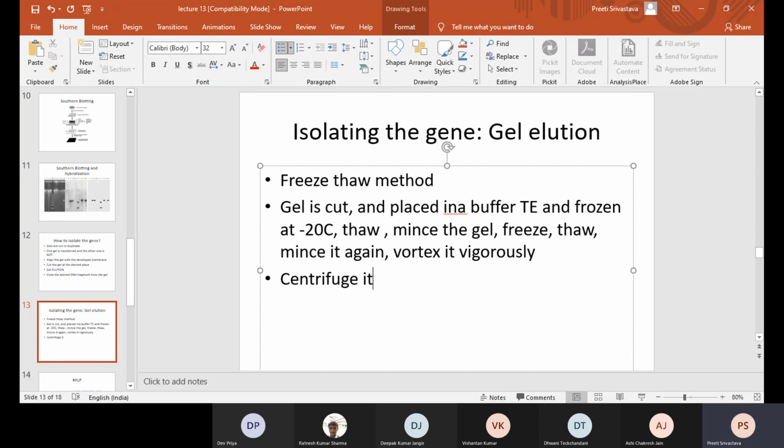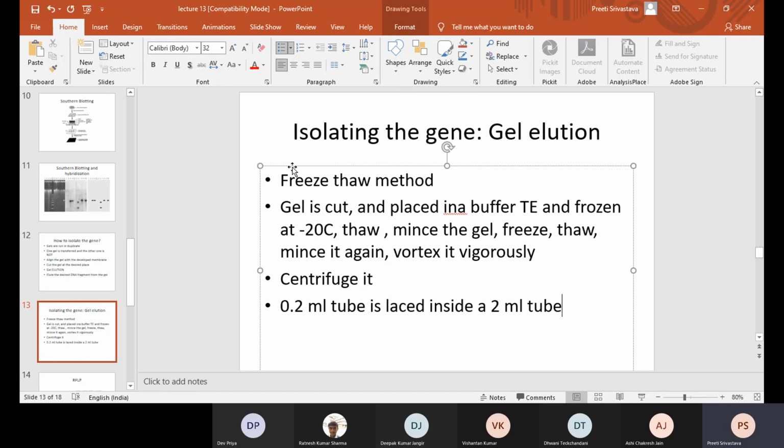Many a times what people do is that, so this is the method which you will be using in your mol bio lab as well. So many a times what people do is they place a small tube, for example a 0.2 ml PCR tube, inside a 2 ml tube.